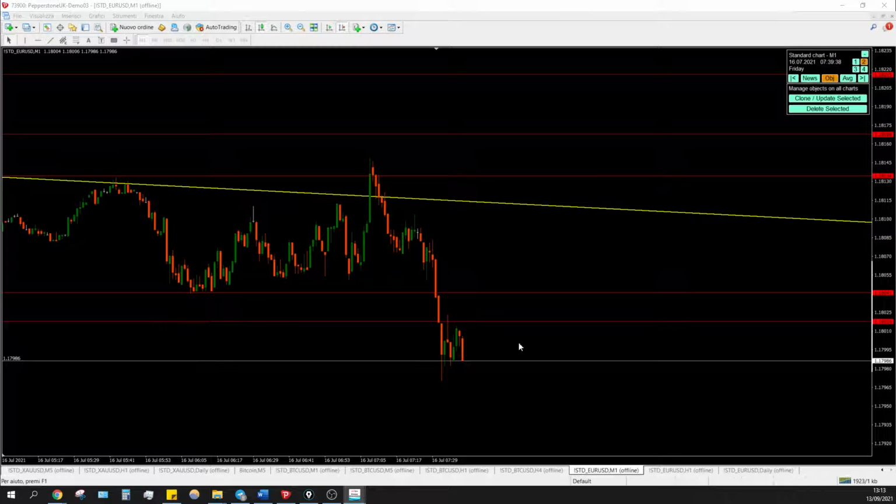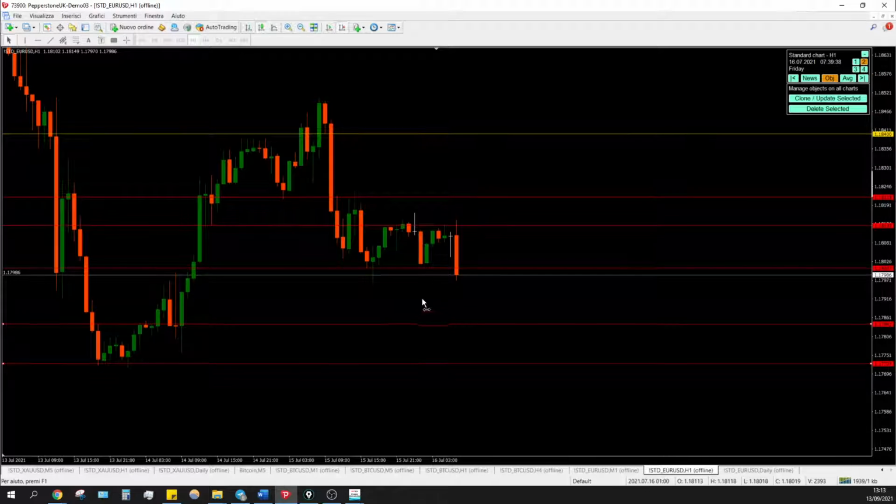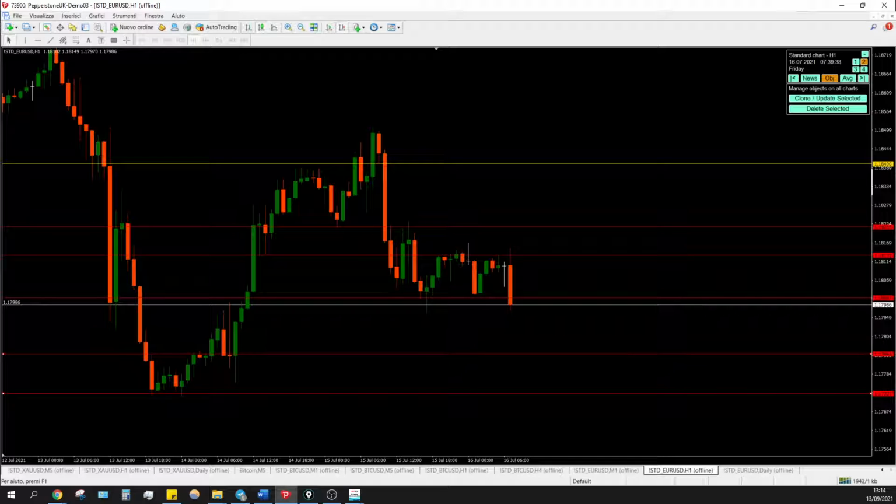Okay. I'm thinking if this could have been the retest. So the hourly is still 20 minutes in. We still have 20 minutes. Let's see how it closes this hourly candle without looking at the 1 minute.